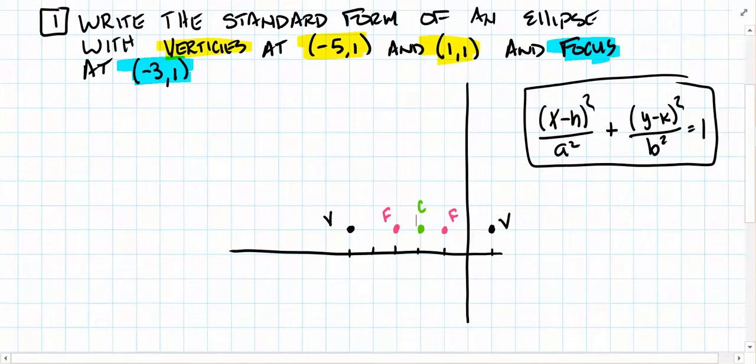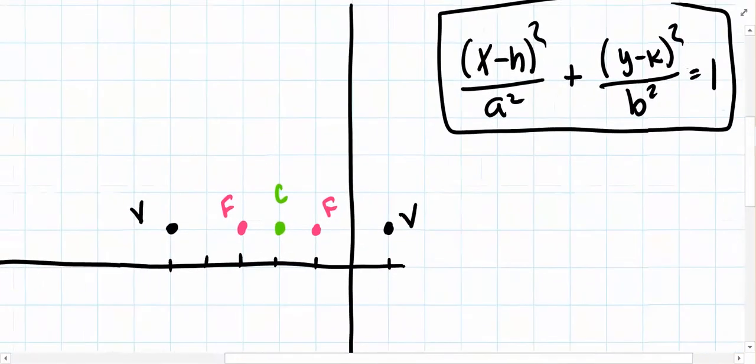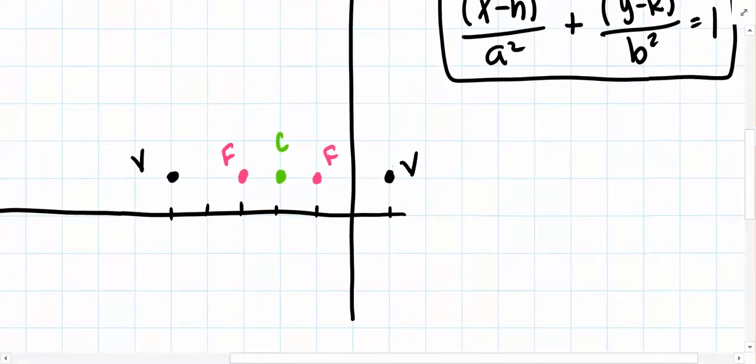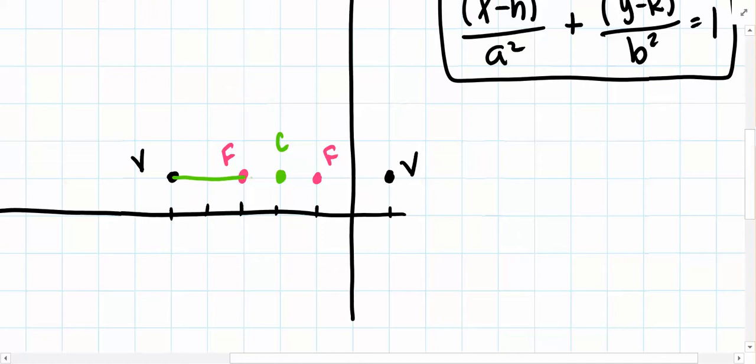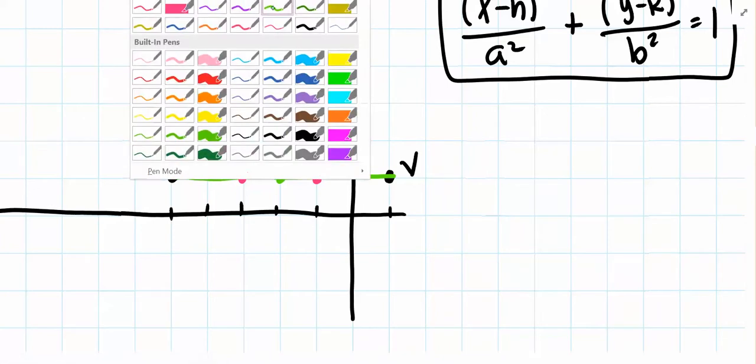I'm going to go ahead and zoom in on this so we can see it a little bit better. If this is one vertex over here to the right, and this is a vertex over here to the left, then I know that my center has to be between it. And so it must be the case that my major axis is right there. That's my major axis. So, if my center is at the point -2, 1, then I can now enter my equation here.